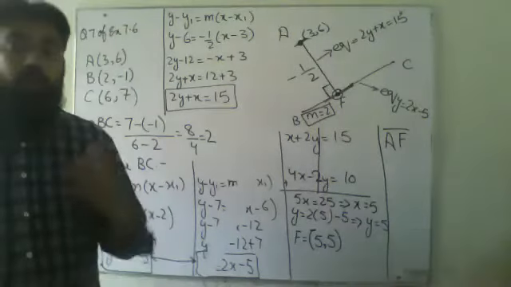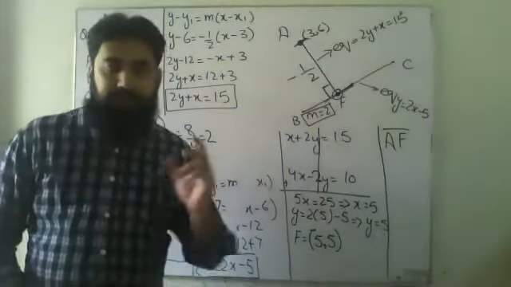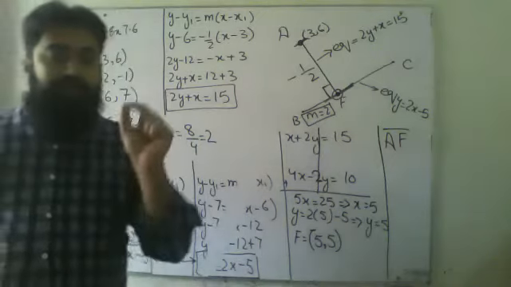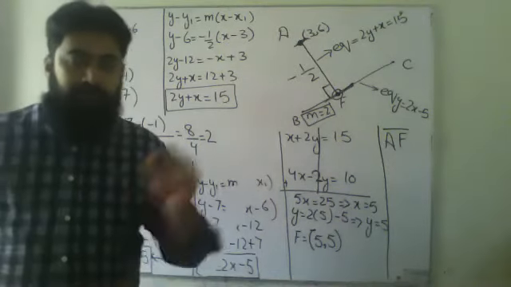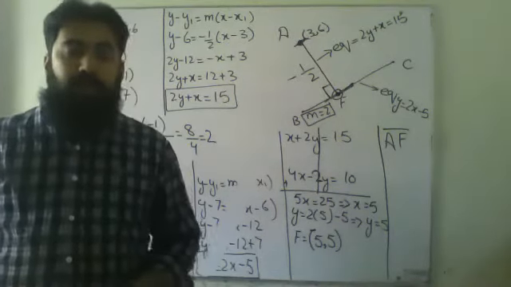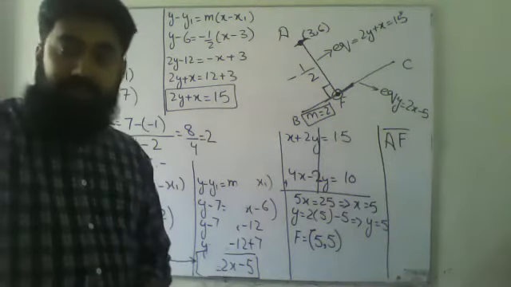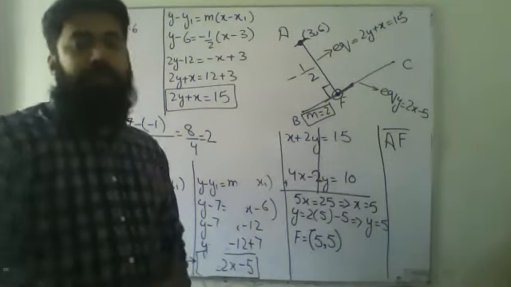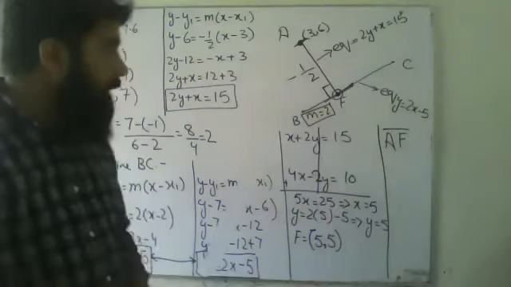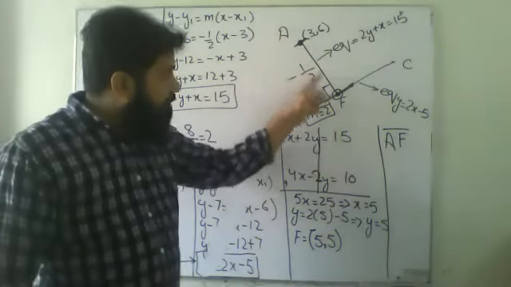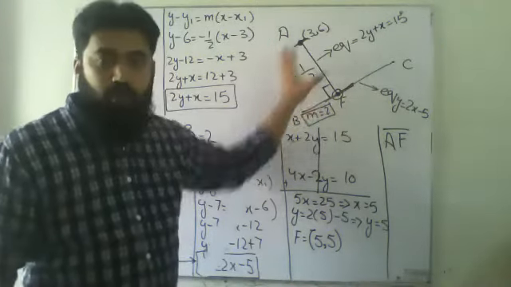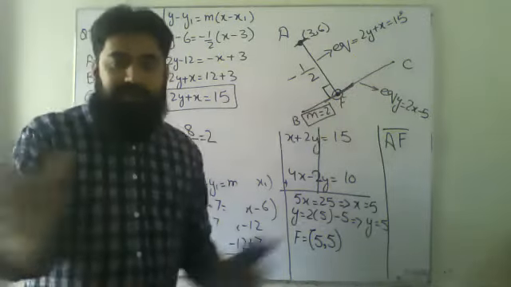So now what can they do in the question? They can give you a point, they can give you a straight line, and they will tell you to find the perpendicular distance between the line and the point. So keep in your mind that first of all you have to follow this whole scenario, and things will be very easy.